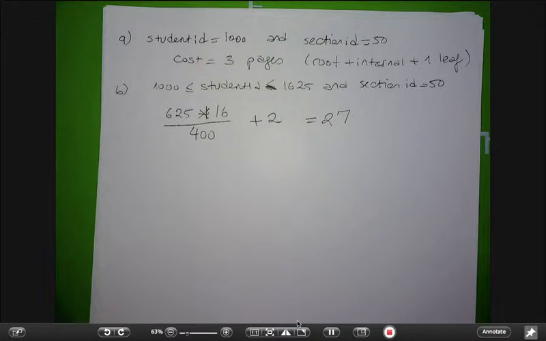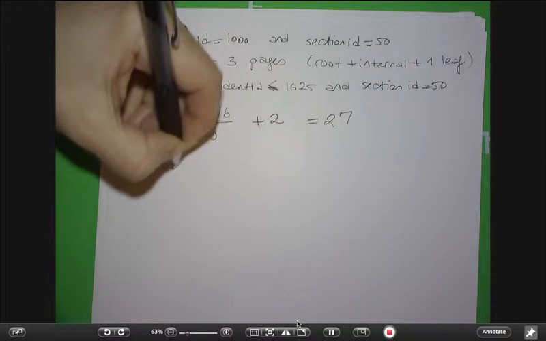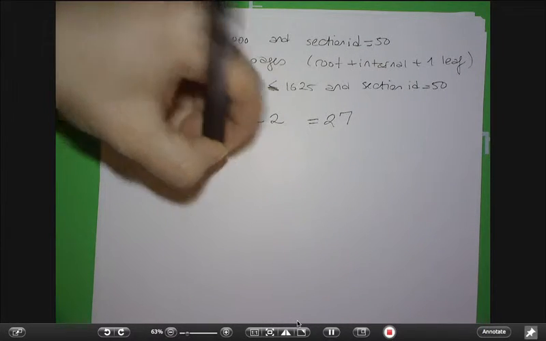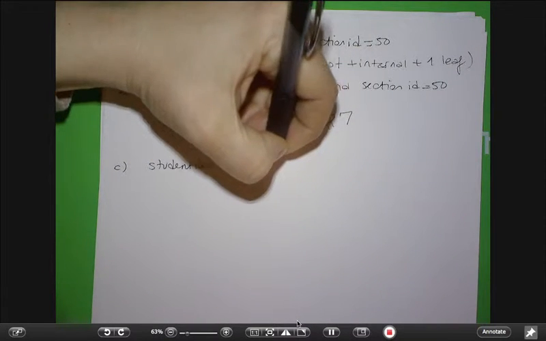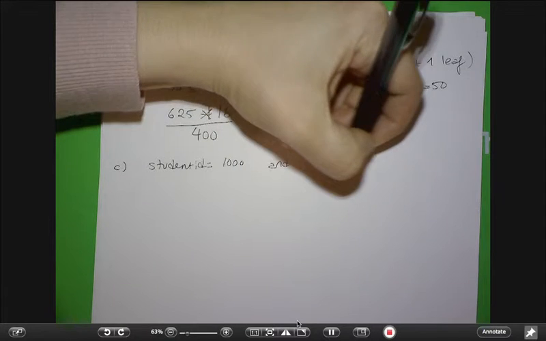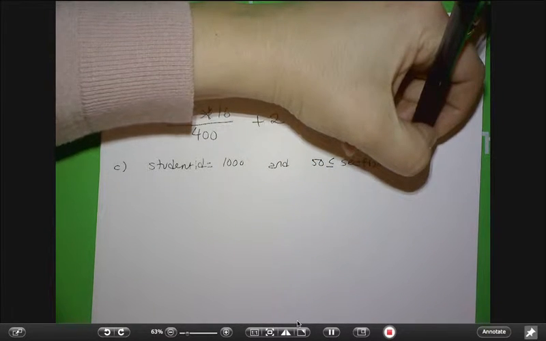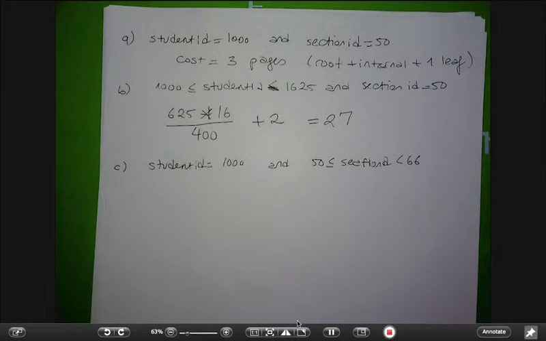All right, so C, we have student ID equals 1,000, and section ID is between 6 to 6. And what's the cost of that? So how many tuples am I looking for?